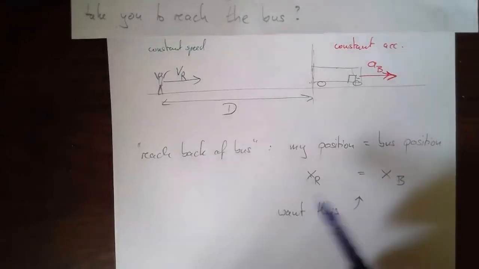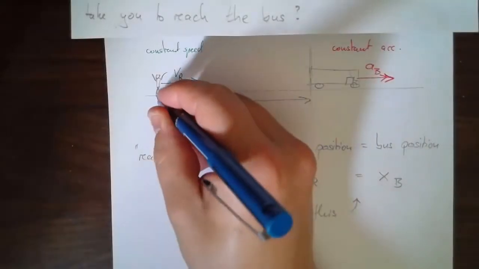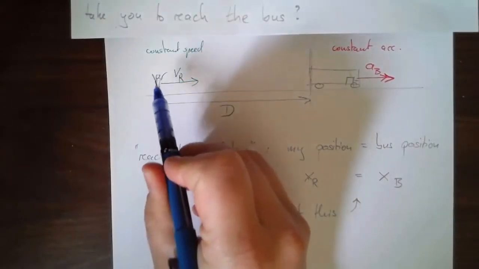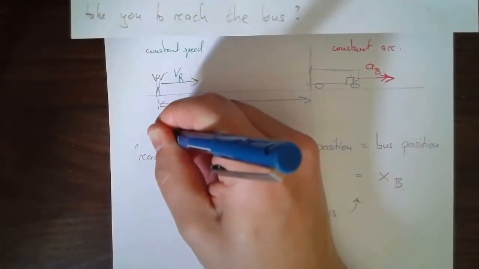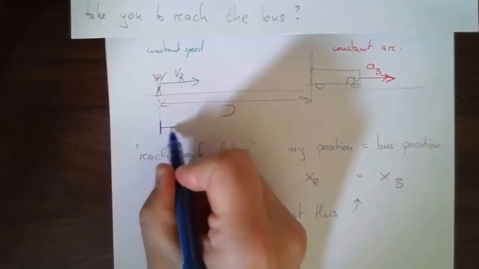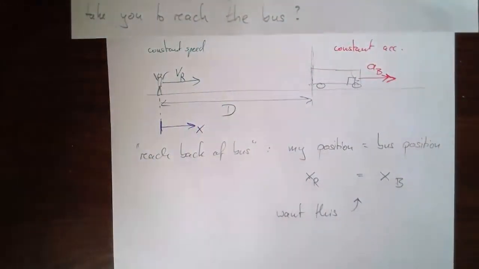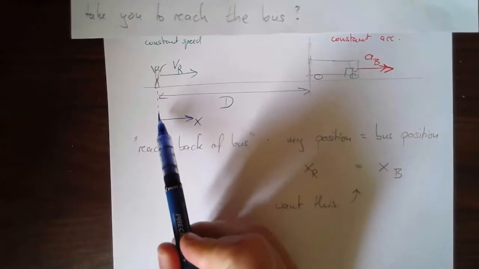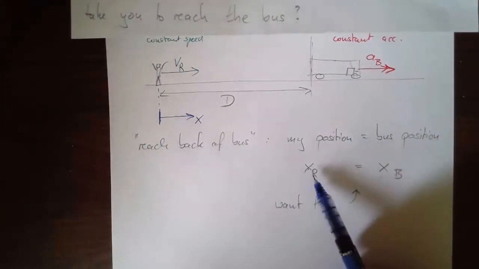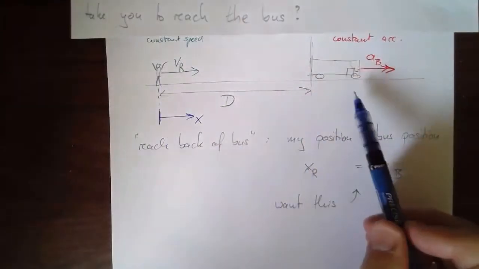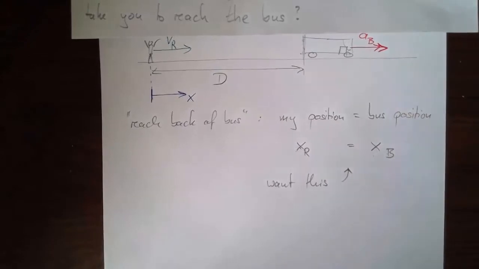Otherwise, this expression just wouldn't make sense. So I'm going to make this my origin, the corner where I'm turning. Oh no, there's the bus. I'm going to make this the origin of my coordinate system, and I have it pointed to the right. I think it's a sensible choice. This is my x. So my x is like a long ruler along the ground in this direction, and there are two positions I'm interested in, namely my position and the bus position, and ultimately I want those to be equal.